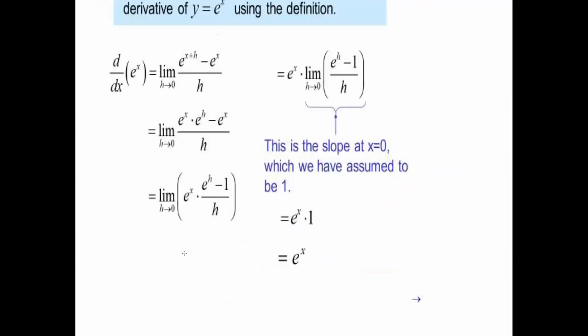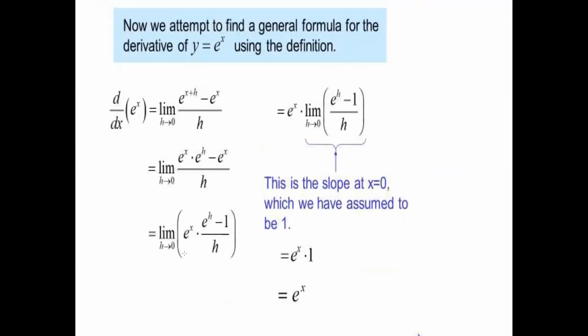Okay. Now we want to find out the general formula for the derivative of y equal to e to the power x using the definition of derivative. So I'm starting from d dx of e to the power x.